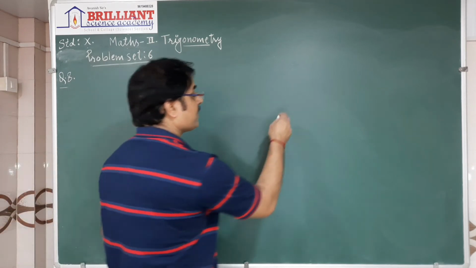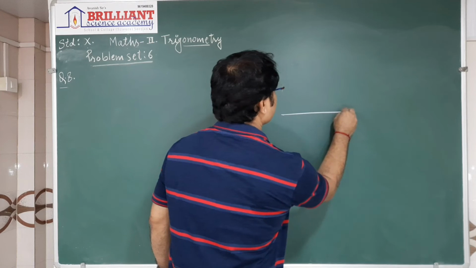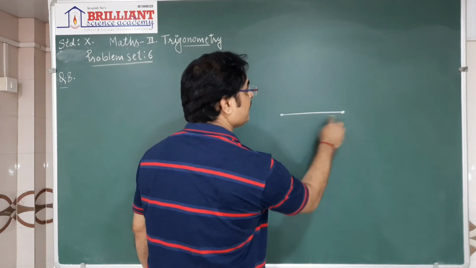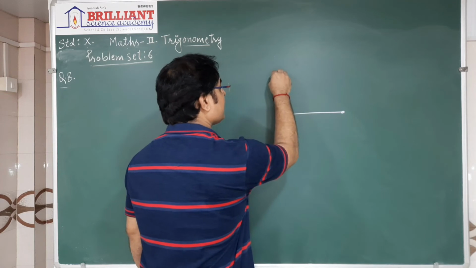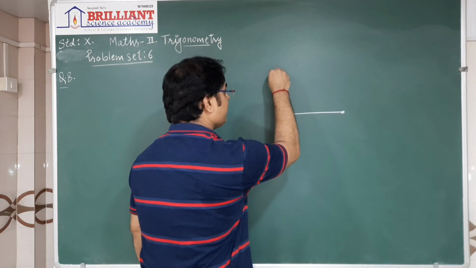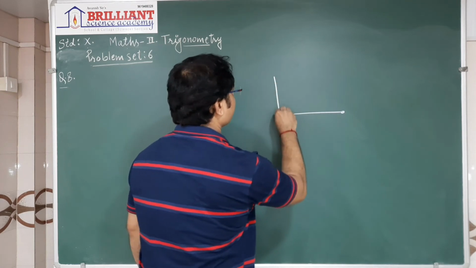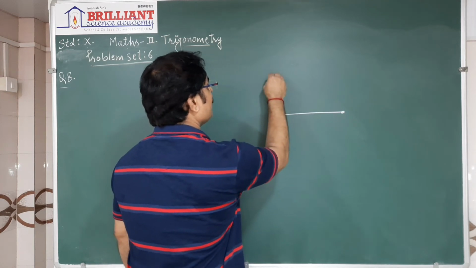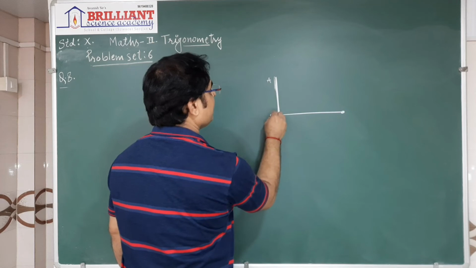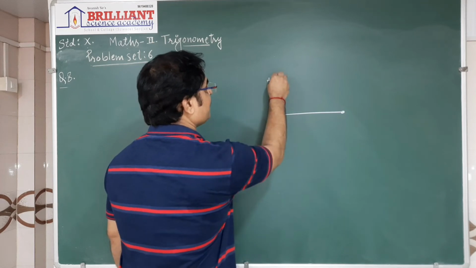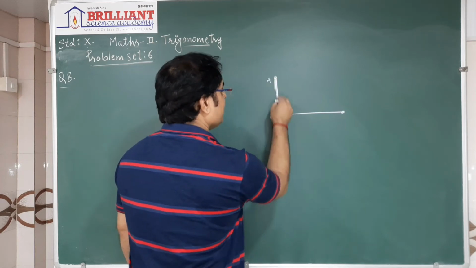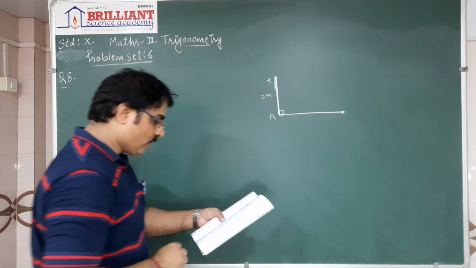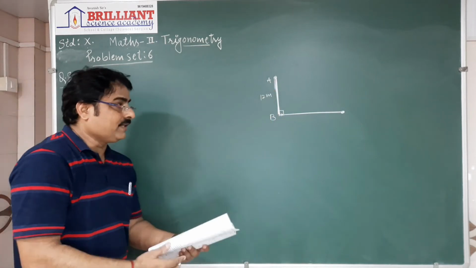So now we consider this is the width of the road, and consider this AB is the first building. Now write its name. Let AB be the first building and its height is given as 12 meter. Yes, 12 meter is given.